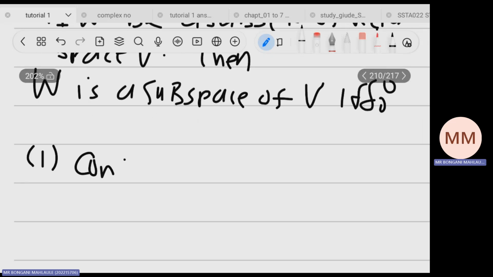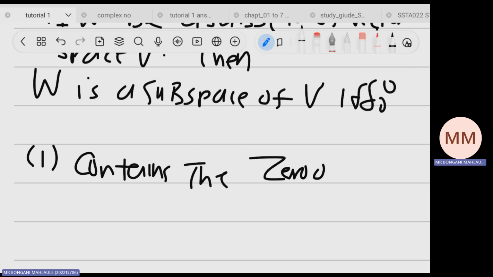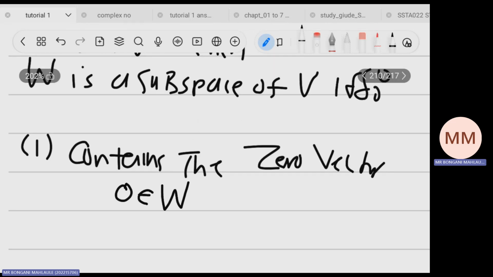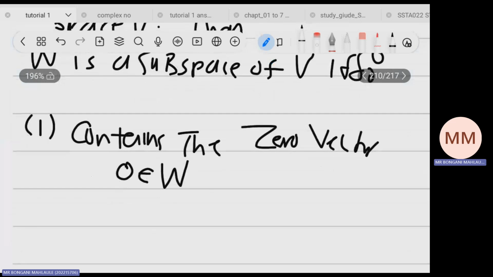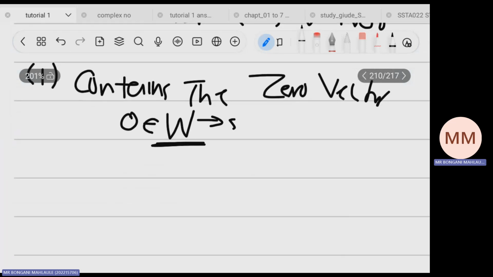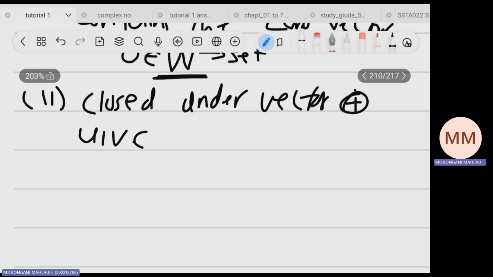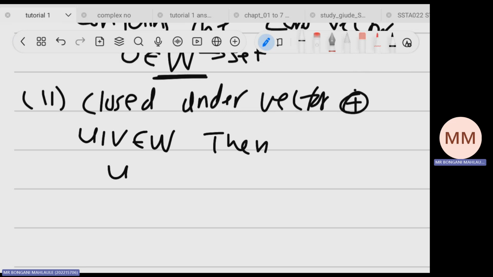One, it contains the zero vector, where 0 is an element of W. Remember, W is a set. Two, it is closed under vector addition: if u and v are elements of W, then u plus v is an element of W.